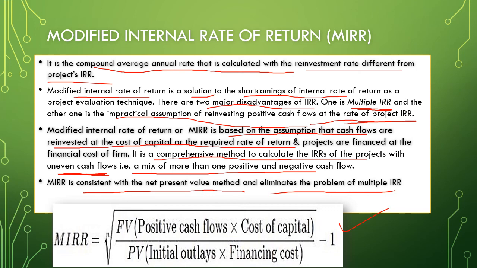So MIRR is a solution to the shortcomings of the multiple IRR problem and the impractical assumption of reinvesting positive cash flows at the rate of project's IRR. Okay, just know the concepts, that will be enough.